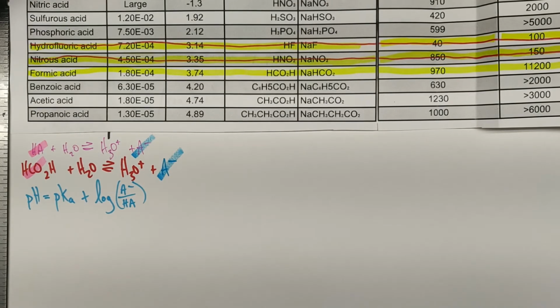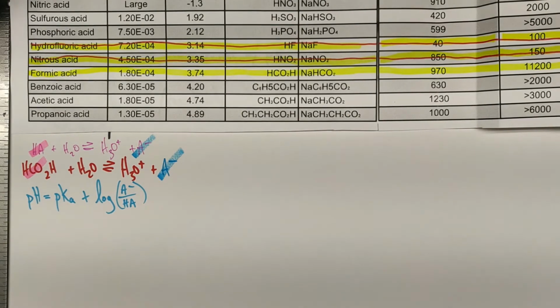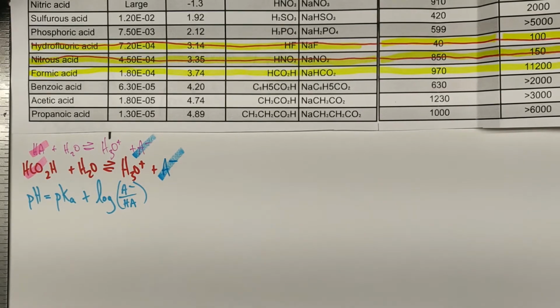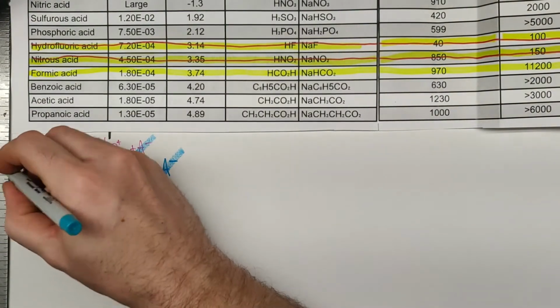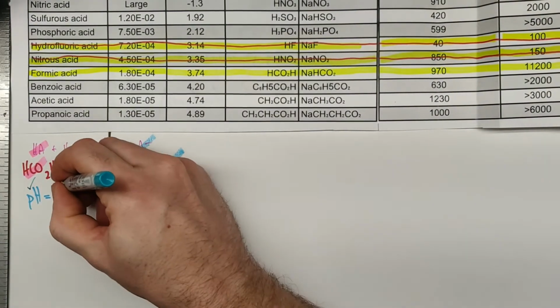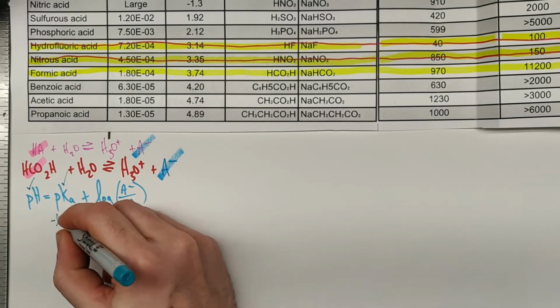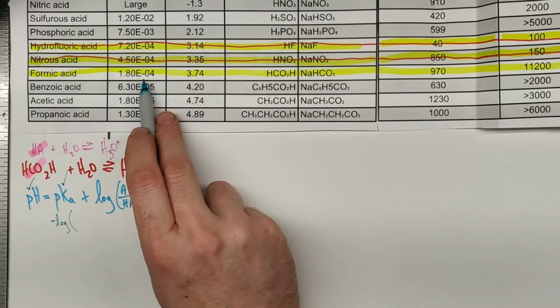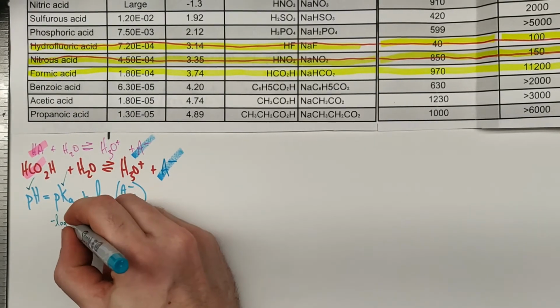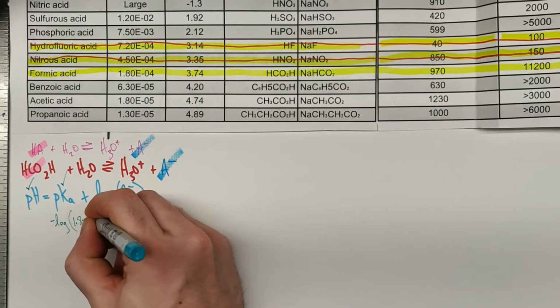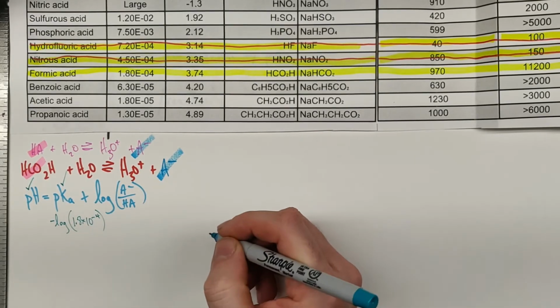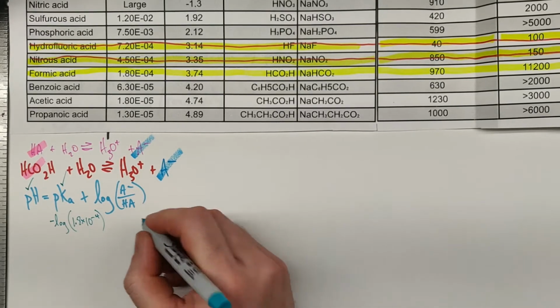We do have a target pH, and one of the things I preach to my students is write an equation, use it as a checklist. We do have a target pH. We do have a pKa, and that pKa is the negative log of our Ka value, 1.8 times 10 to the minus 4. All right, and that pKa value happens to be 3.74.